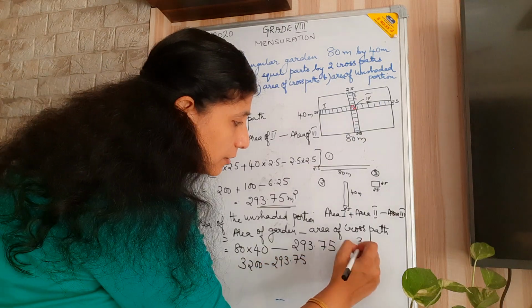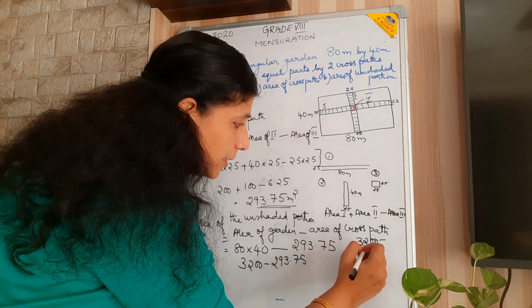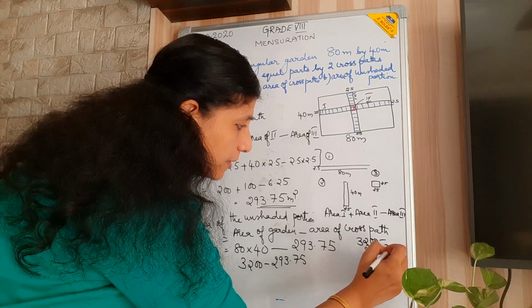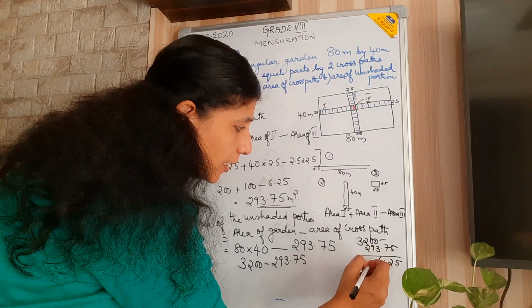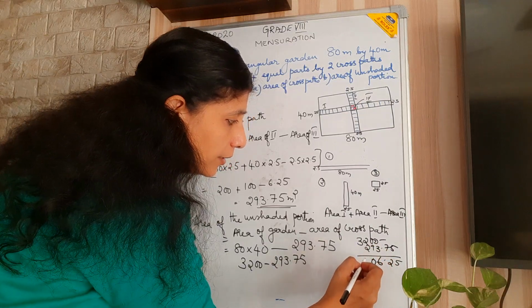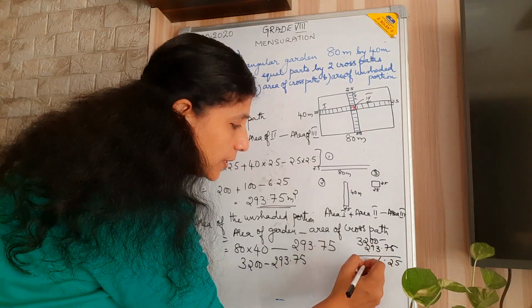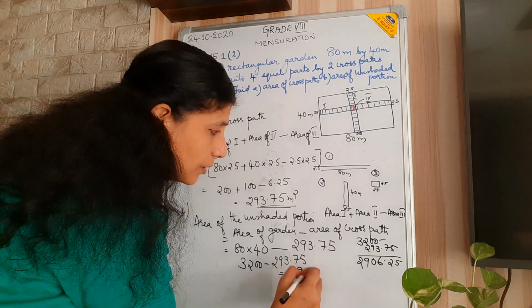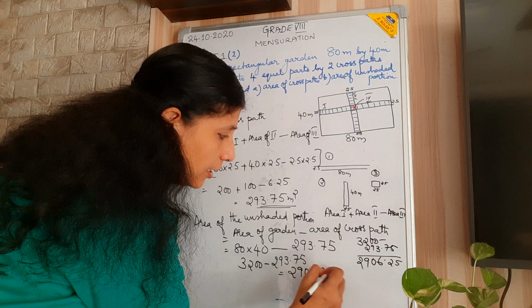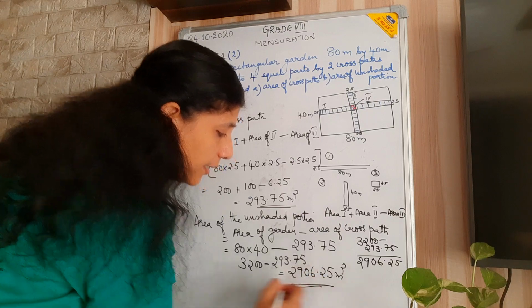You can calculate it. 3200 minus 293.75. It is 0.25. 9 minus 3 is 6. 9 minus 9 is 0. And 11. 11 minus 2 is 9. And it is 2906.25 meter square. So this is the answer.